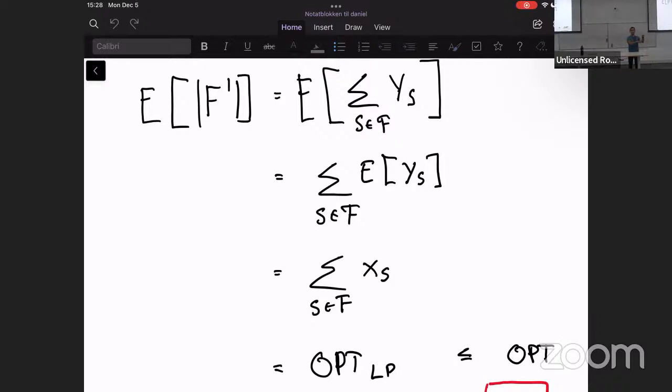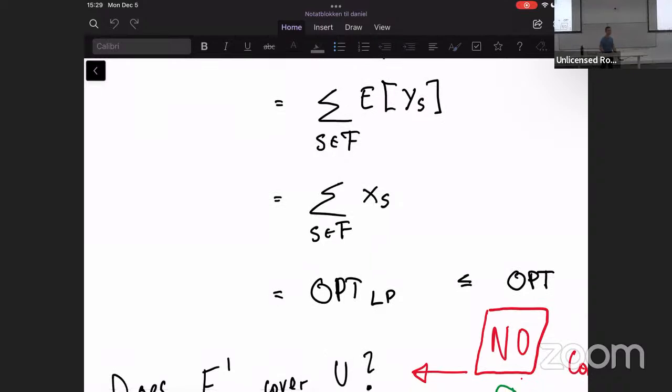From the previous lecture, the expectation of a 0-1 random variable is just the probability that it's 1, because 1 times the probability that it's 1 plus 0 times the probability that it's 0. So what is the probability that YS is 1? It's XS. So this is nothing but the sum of all the XS's, which is just the value of the LP solution that we had, which is opt LP. Fantastic. The expected size of our family F prime is opt LP. Couldn't ask for better.